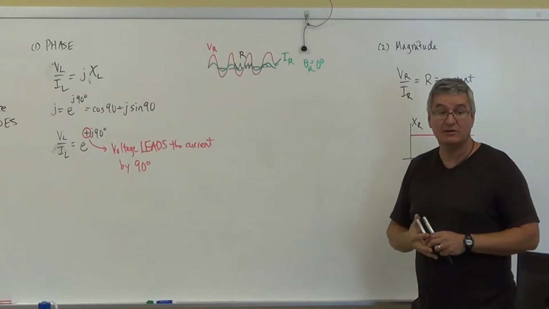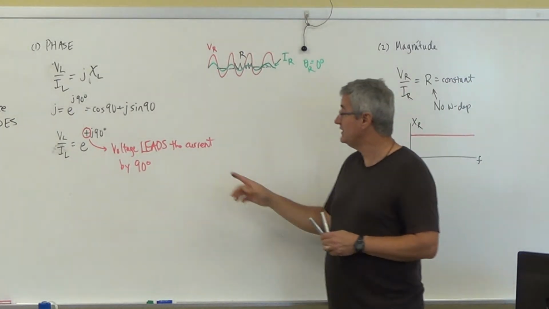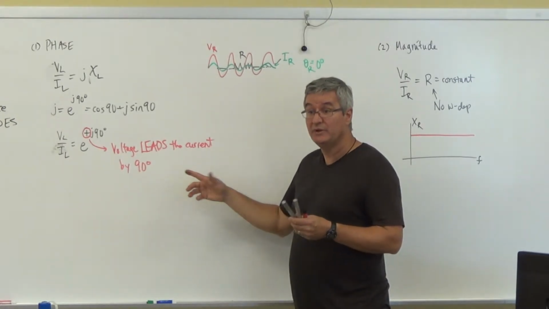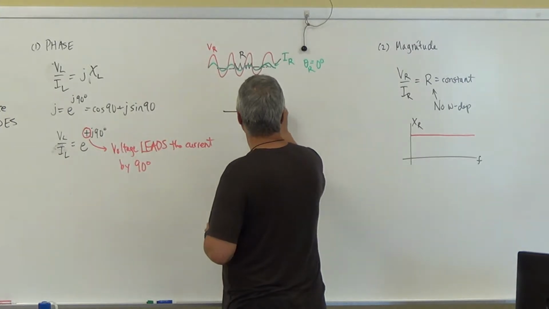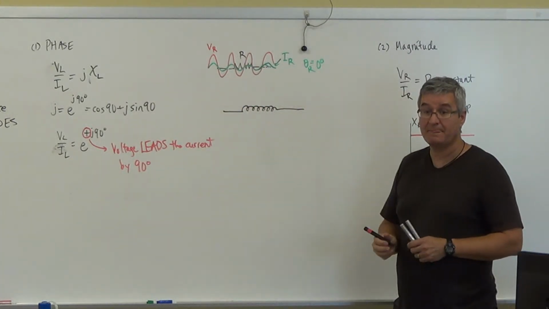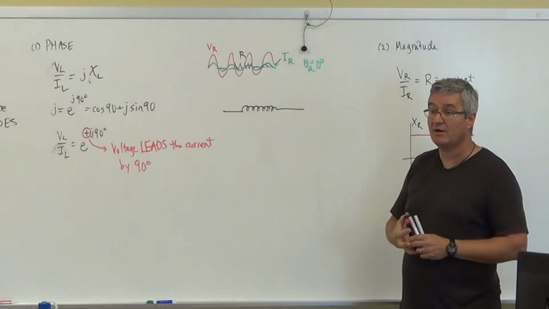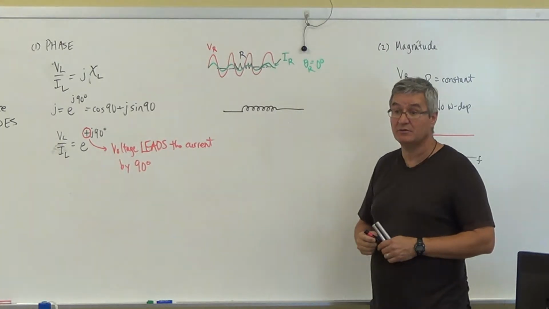But with the inductor, it's different. With the inductor, it's really different. Now remember, I'm thinking of this as a point. I don't want to talk about what's going on in there, otherwise we won't get into circuit solving.